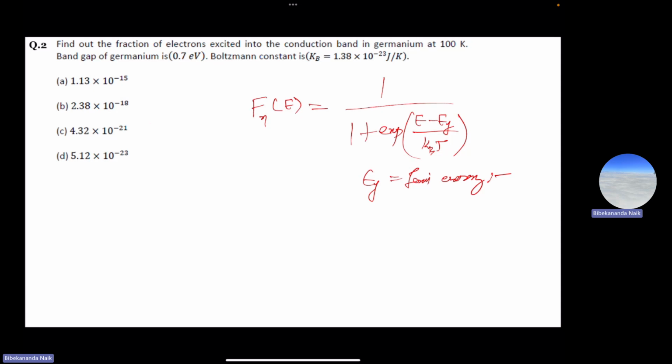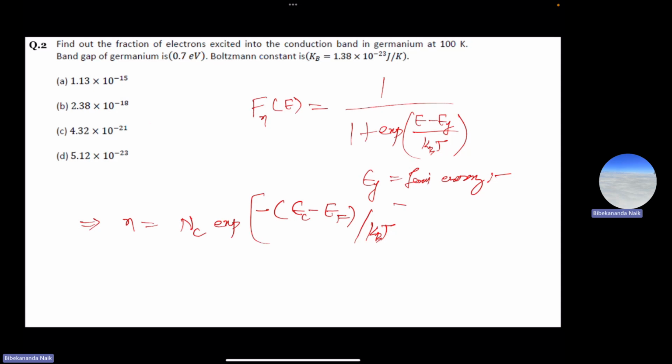If we use this relation, we can derive the expression for the concentration of electrons in the conduction band, and the relation has the form N equals NC exponential minus EC minus EF by kBT.